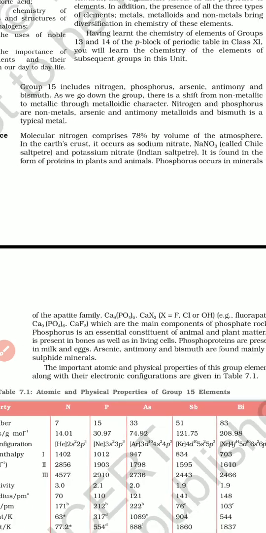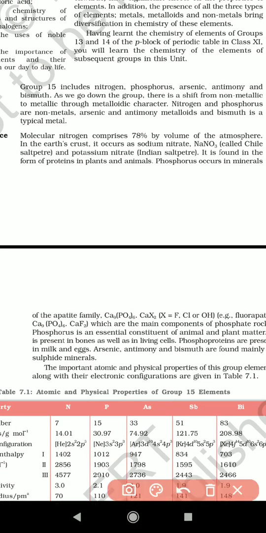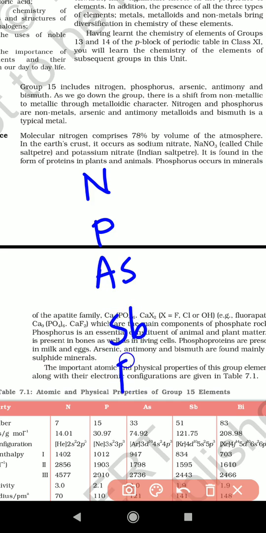15th group elements. Generally, what are the elements present in the 15th group? Nitrogen, phosphorus, arsenic, antimony, and bismuth.